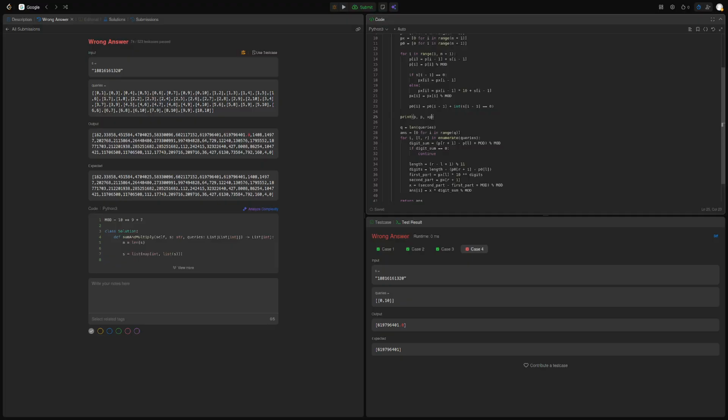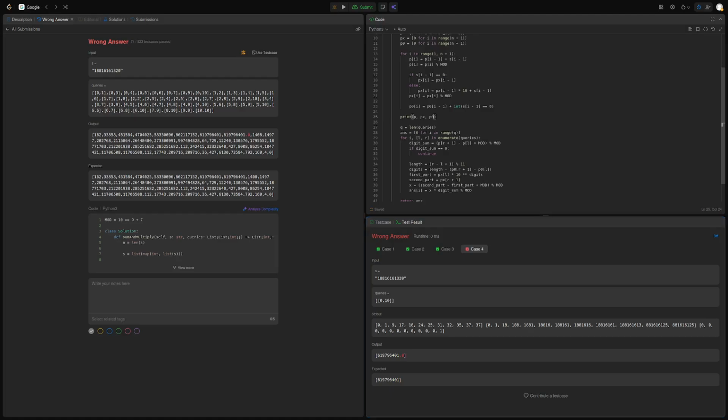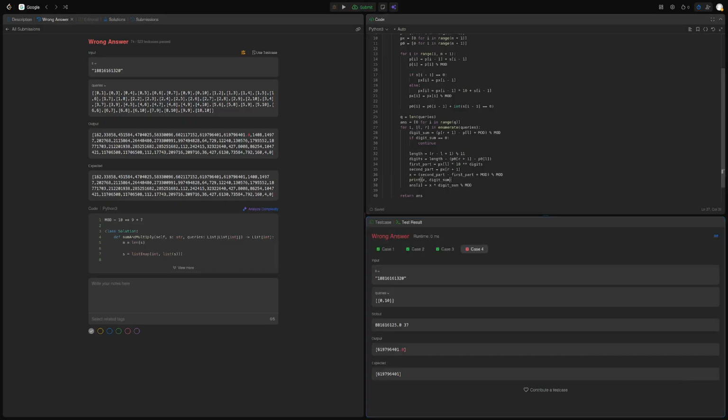Okay. Print px, p0. Okay, all are normal numbers, so I'm not sure what happened there. Print x digit sum. That's weird.